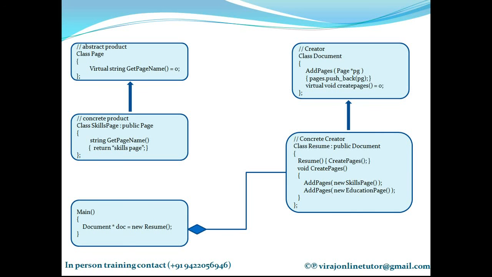I repeat, use this pattern when the class can't anticipate the class of objects it must create. So here I am just saying new resume, but which types of pages to create in that resume is not in my control. I can't anticipate the future, which ones I'll need.